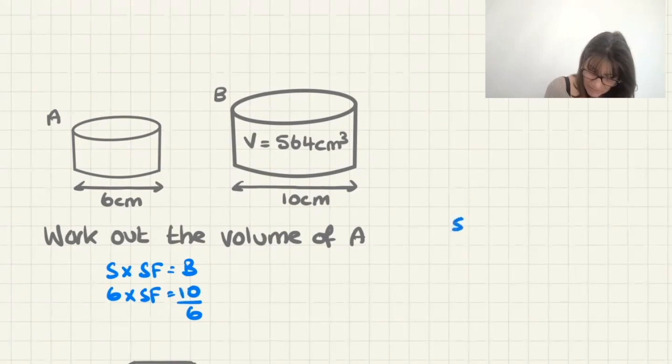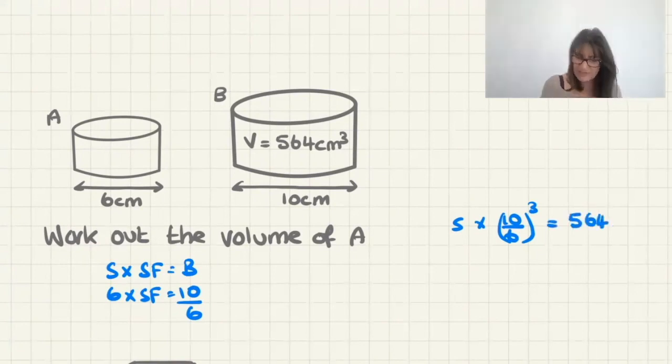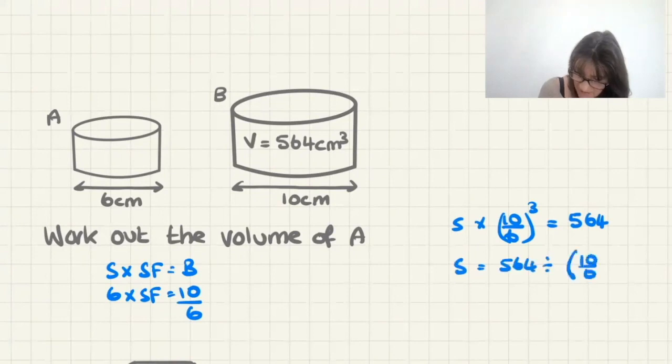So I've got small times 10 over 6 cubed, because it's volume, is going to equal the big, okay? I know that the big, because I started off by not writing scale factor cubed, I might as well go straight into the numerical. We know that that's going to equal this. So the small is going to equal 564 divided by this number, 10 over 6 cubed.